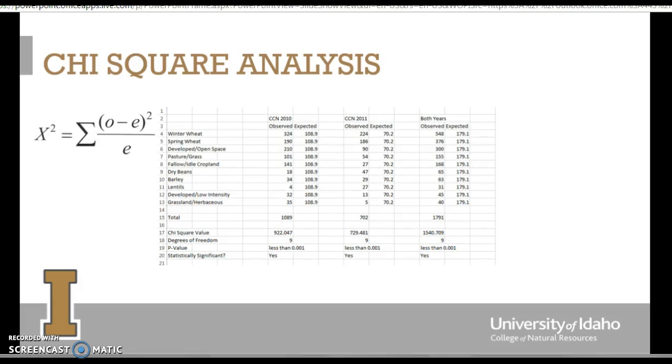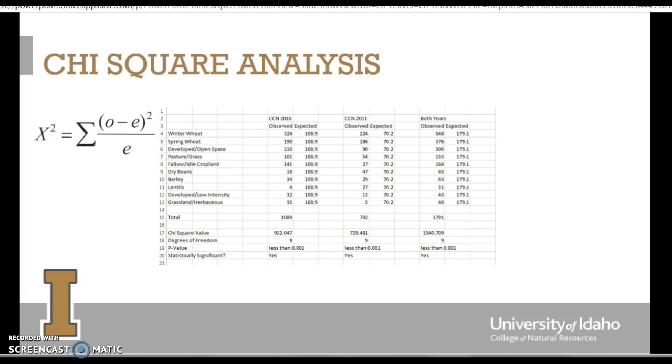Then I took the information from those attribute tables and did a chi-square analysis on the top 10 crops that were found near where cystic nematodes were discovered. To do that, I did the observed values minus expected values, squared, divided by expected values.